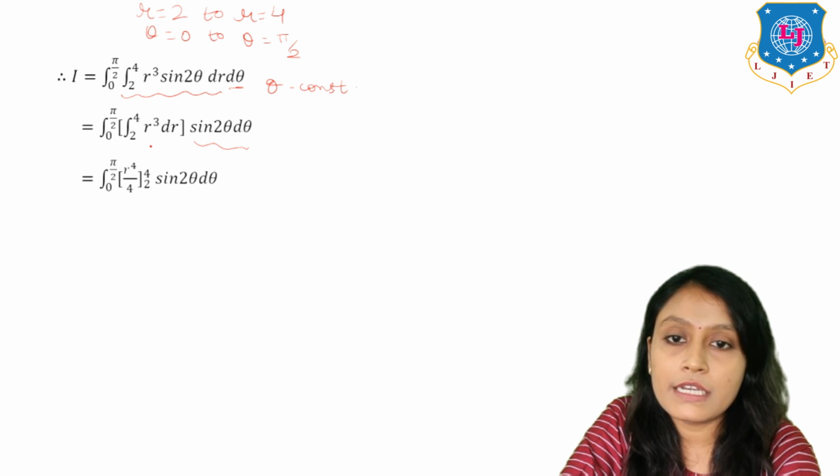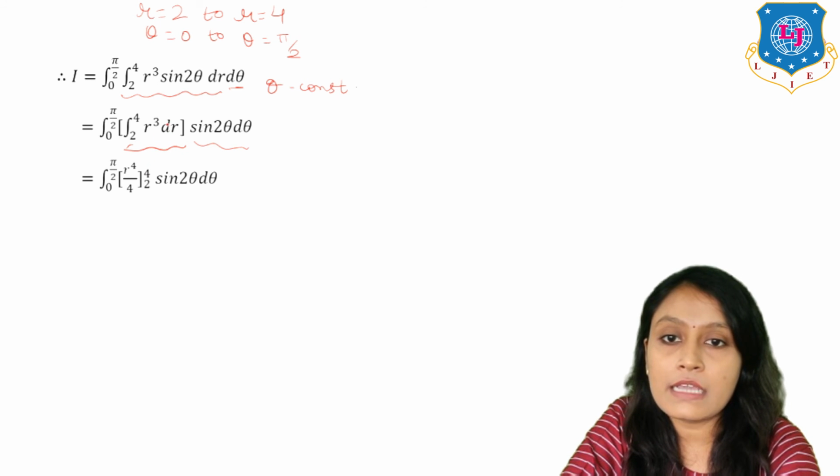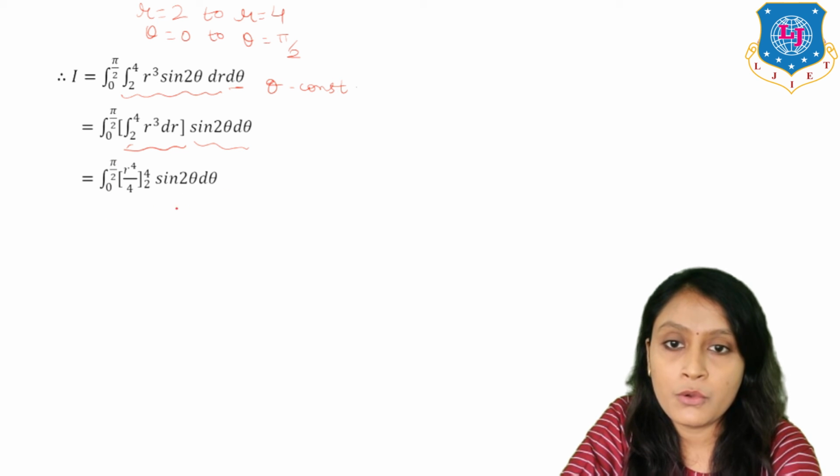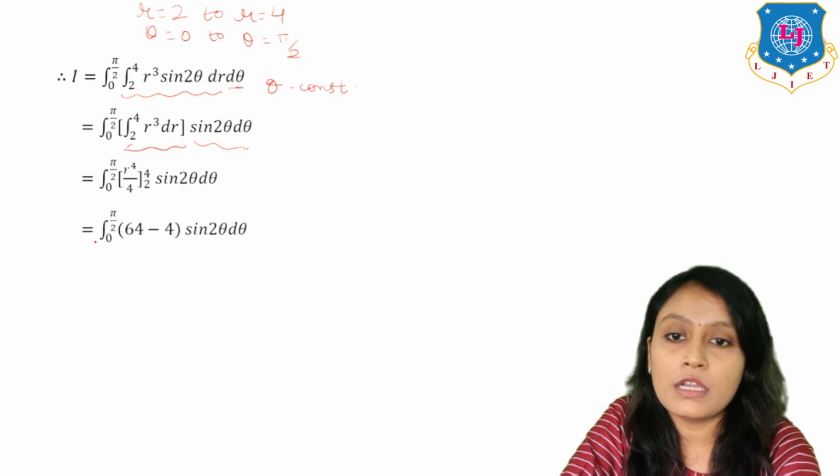Now we will integrate this with respect to r. You will get r raised to 4 upon 4 with limits 2 to 4, times sin 2 theta d theta, and the integration 0 to pi by 2 will remain as it is. Now we will substitute the limits, and you will get the integration 0 to pi by 2 of (64 minus 4) sin 2 theta d theta.